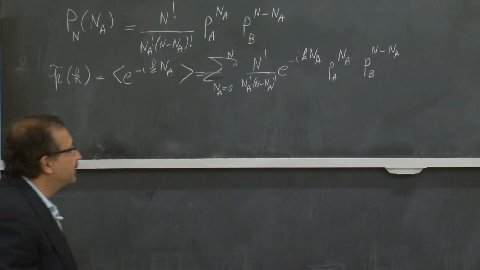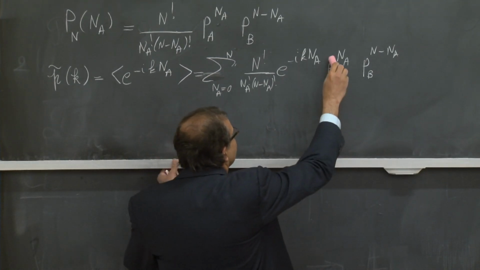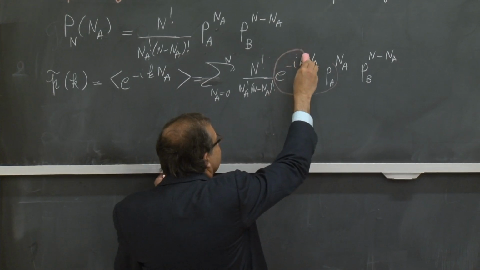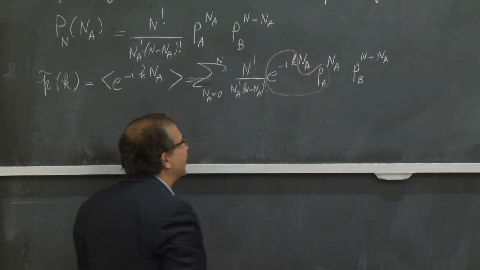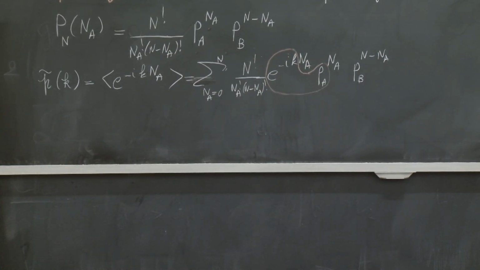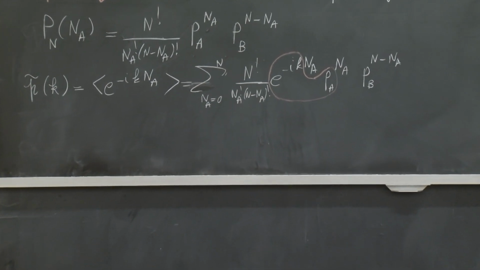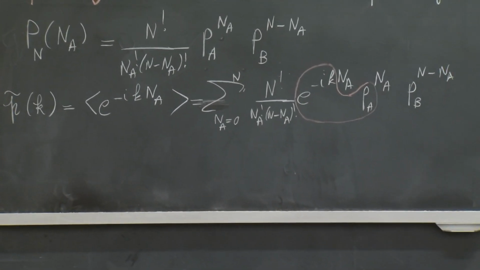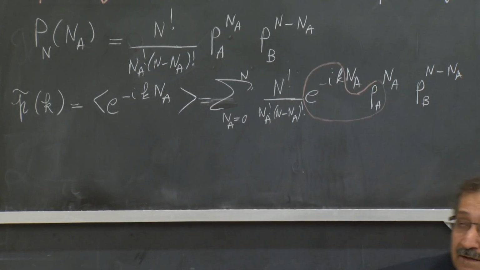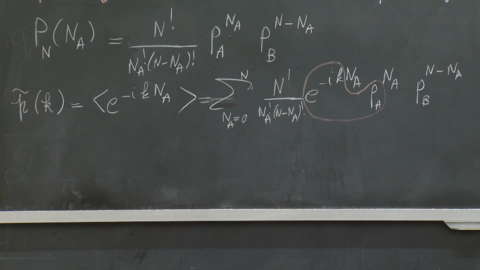So what we have here is something which is this combination, PA e to the minus ik raised to the power of NA, PB raised to the complement n minus NA, multiplied by the binomial factor, summed over all possible values.